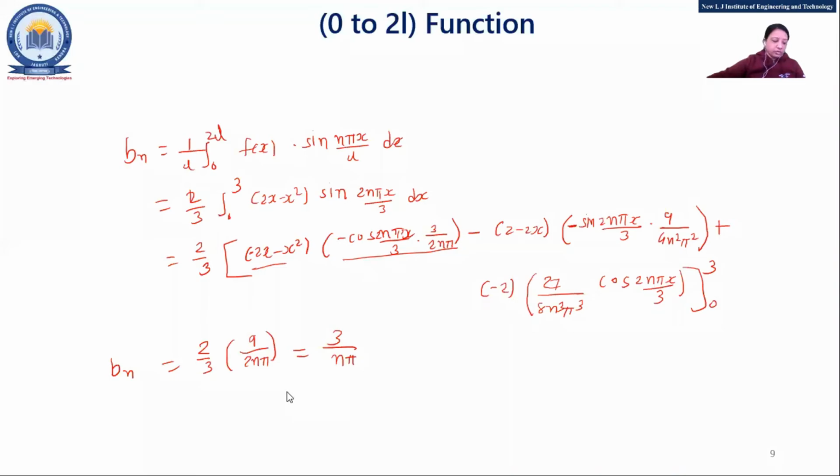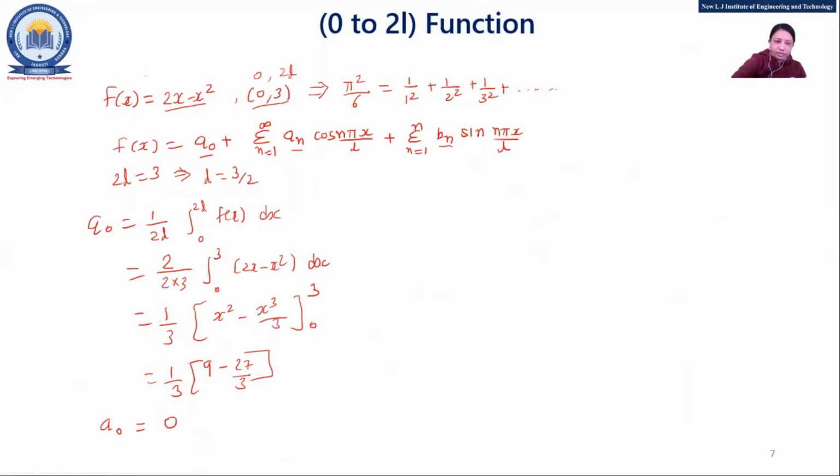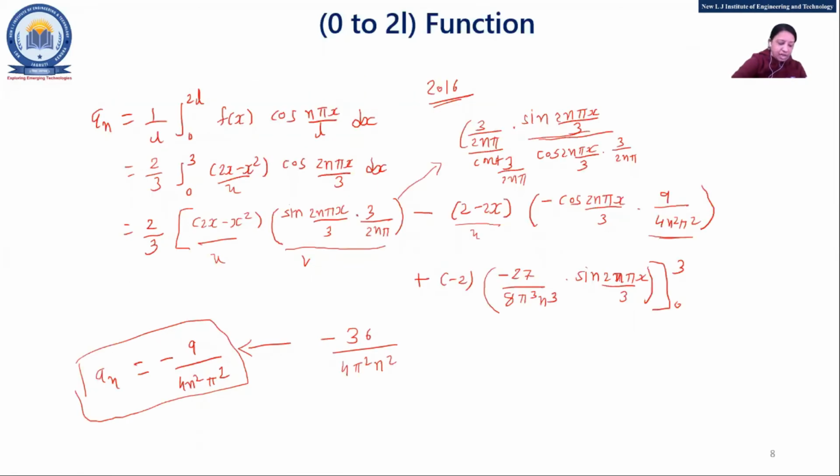So my final series is what? I'll write down here only: f(x) equal to A0. My A0 would be 0, so no need to write. My An is minus 9 upon 4 pi square n square.